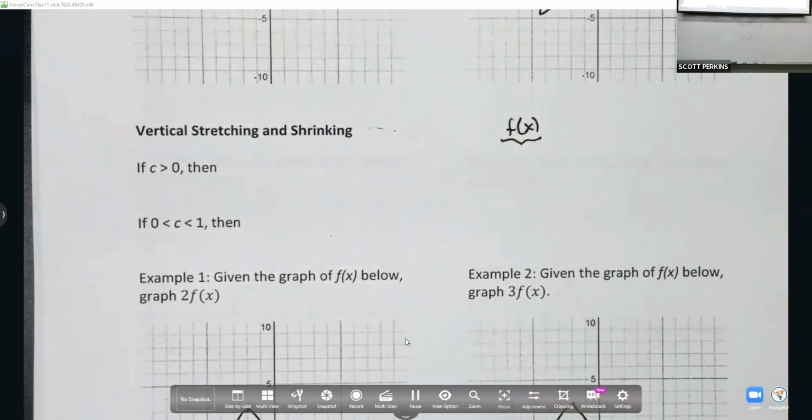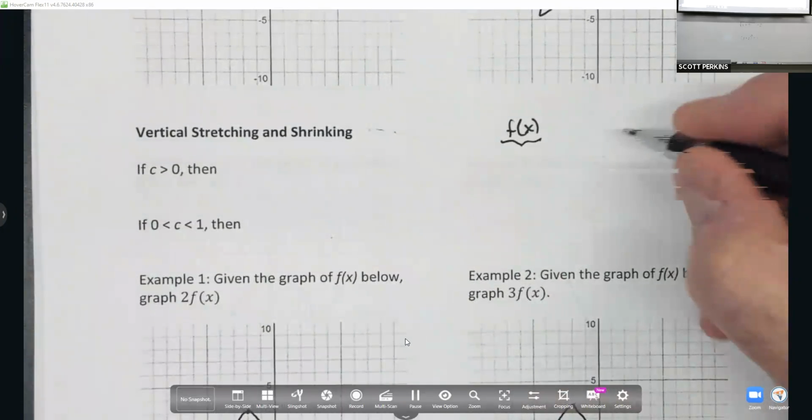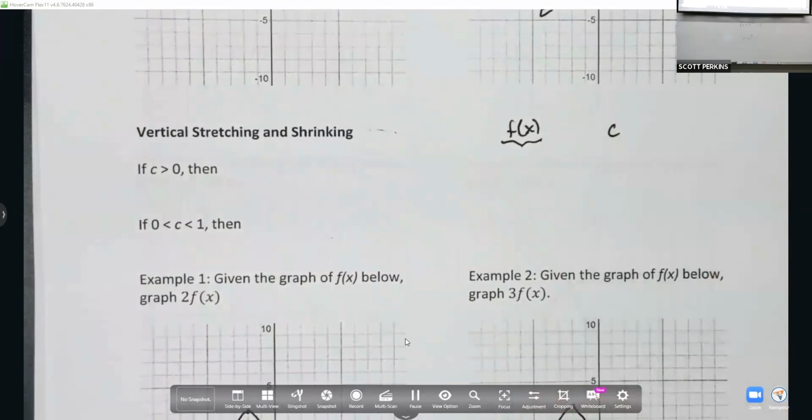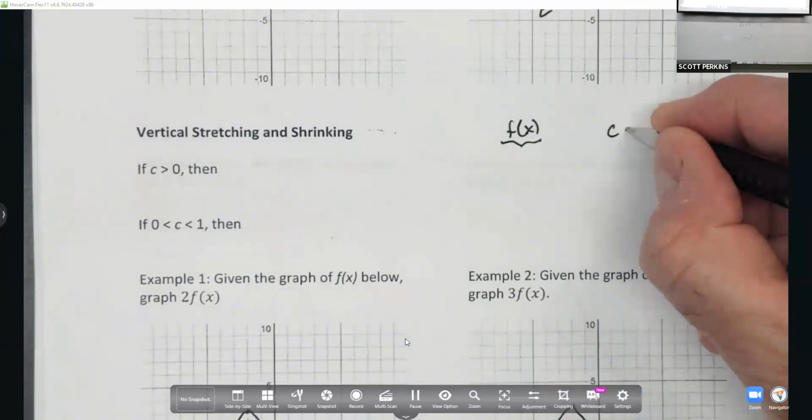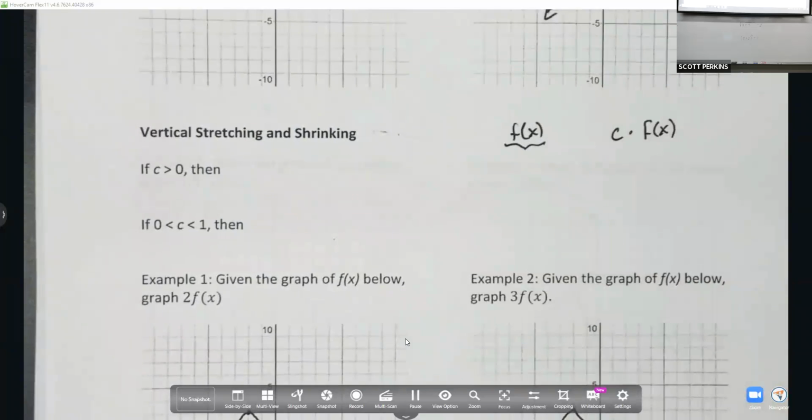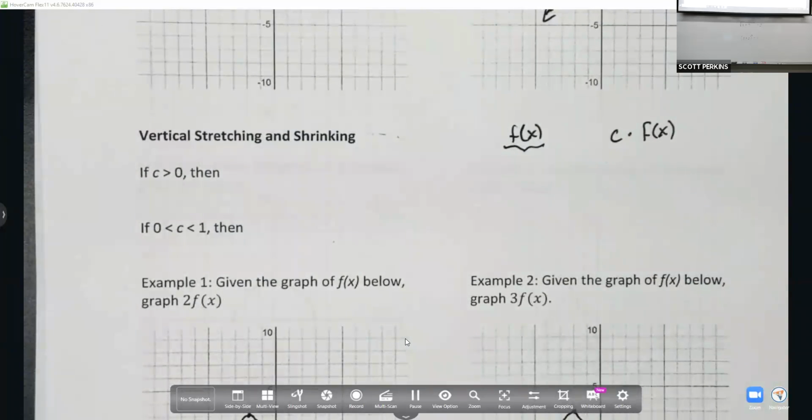It is the y value. So if I write something like this, c, which is just a number, okay, c means constant usually in math. If I have c times f of x, what do you think I am going to do to all the y values on the graph? I'm going to multiply by c.